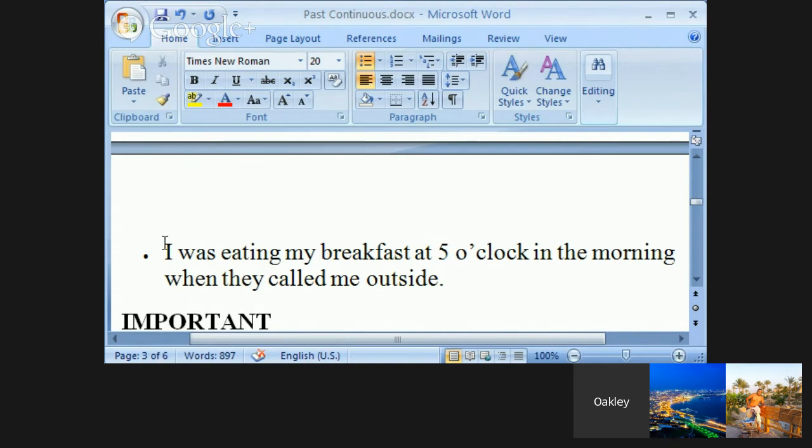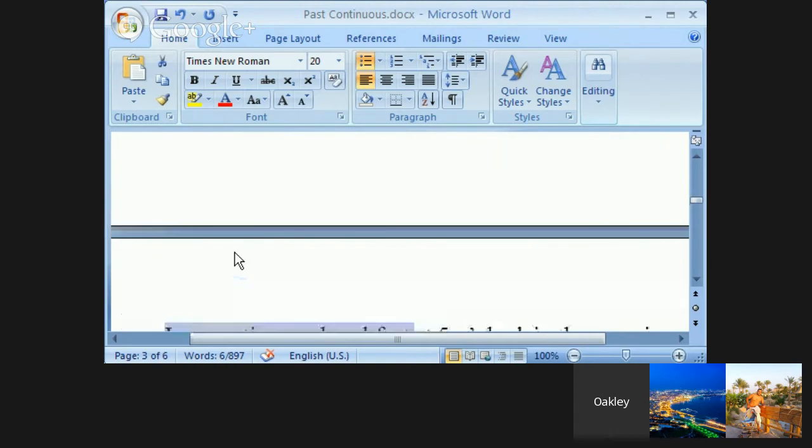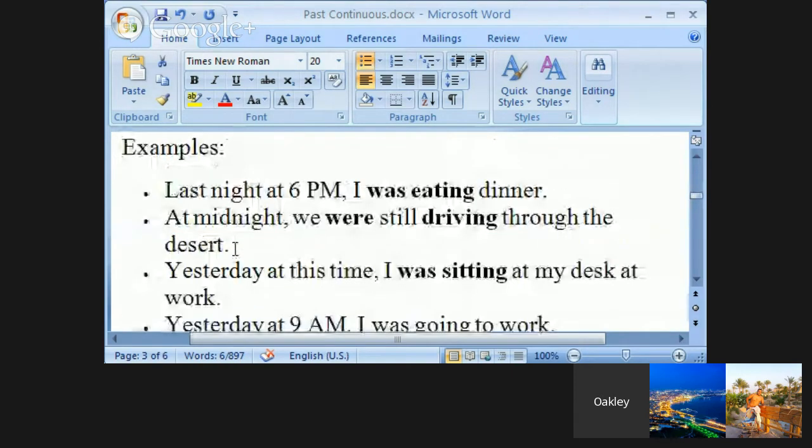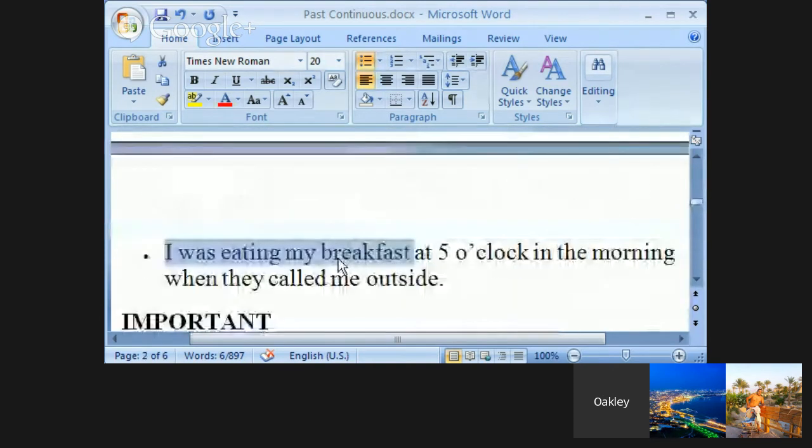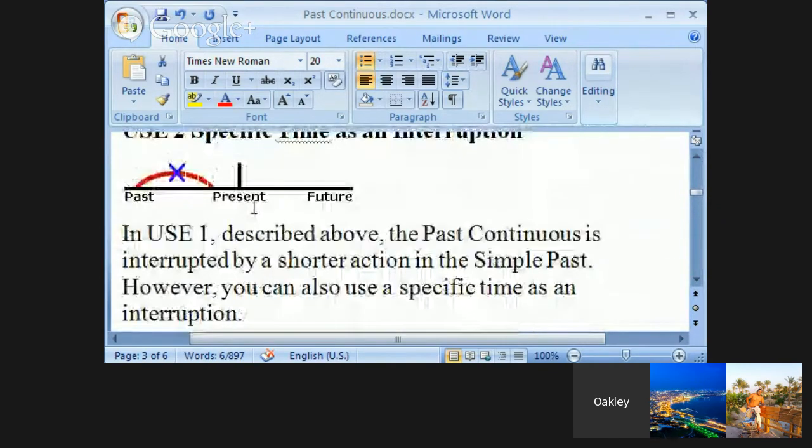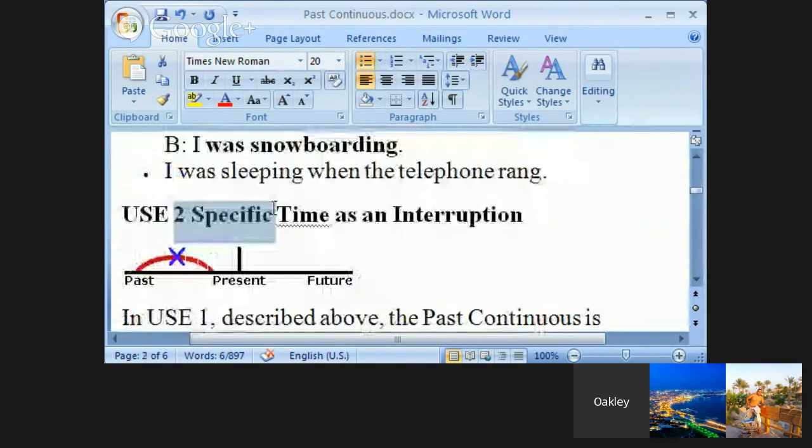Now this is interesting because, okay, look, we have an independent clause with the past continuous to show this continuous action, the red line, all right? Then at 5 o'clock in the morning, oh, well, look, we have a purple X, which is a specific time.